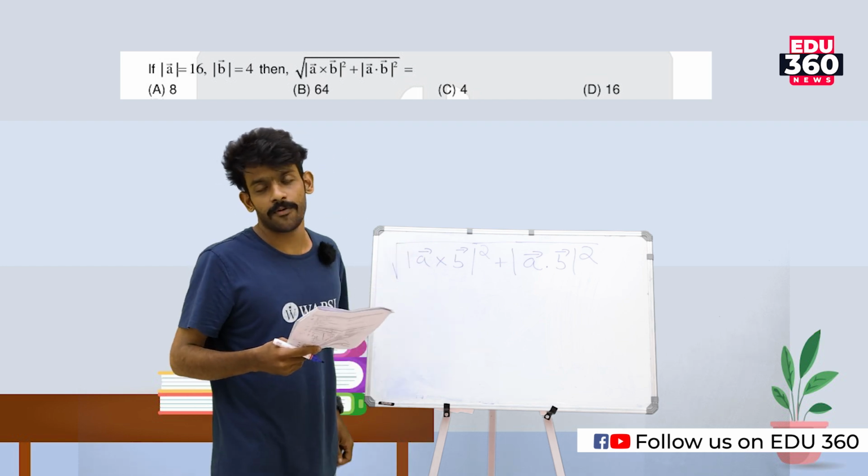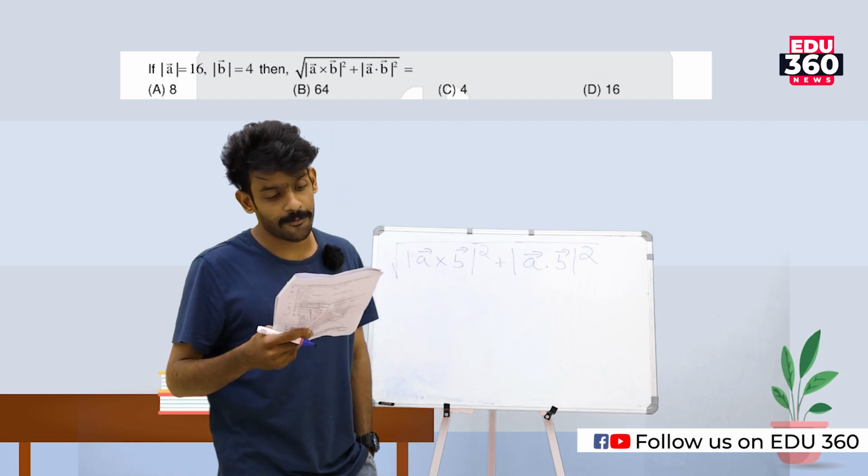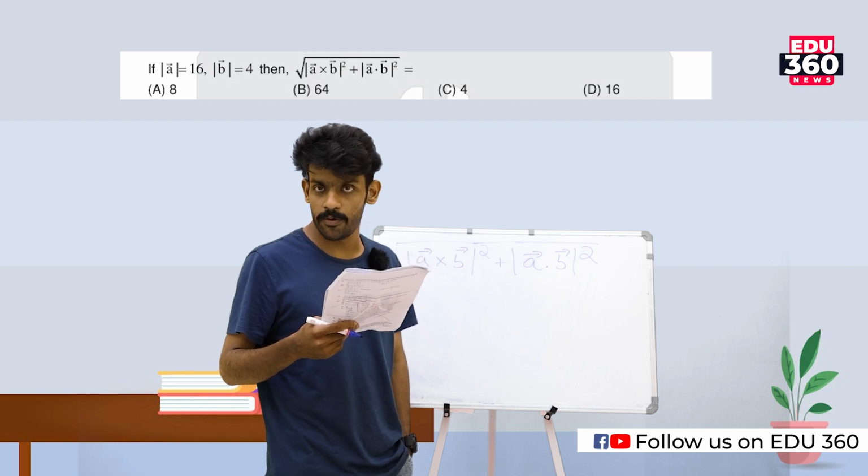So this is the question. We need to find the value of this. You can see there are four options there: 8, 64, 4, 16.